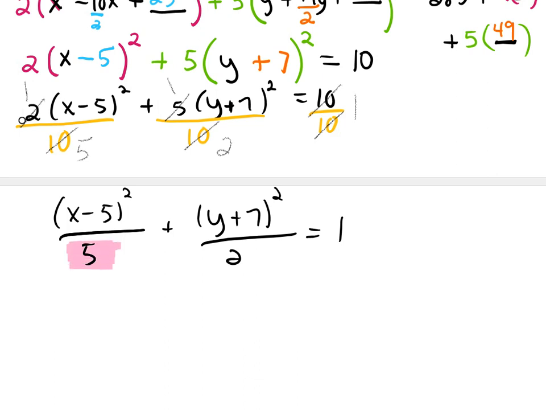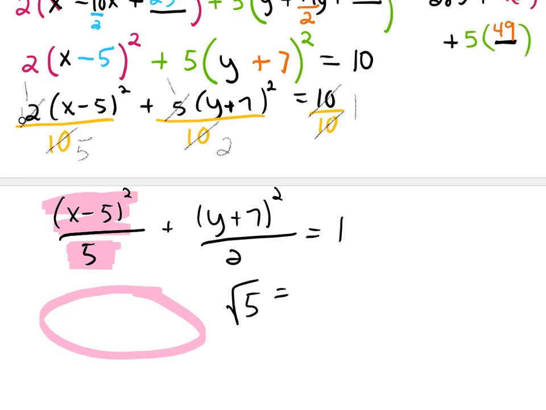So this means that it's on the x, so we have a horizontal ellipse. And then you have to take the square root of 5, and the square root of 5 is approximately 2.2. So you're going to have to go 2.2 to the right and to the left of the x coordinate.